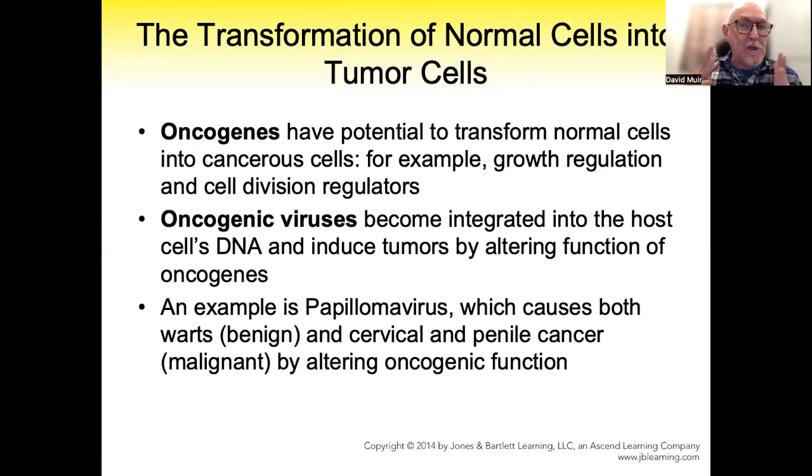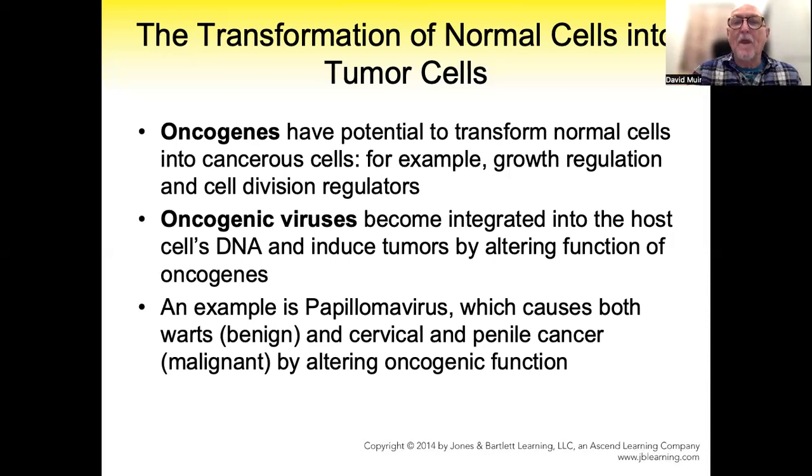So many of the genes which are involved with growth and with cell division have the potential to be oncogenes. Onco refers to the potential to create cancer, and they become oncogenes when their function is distorted.